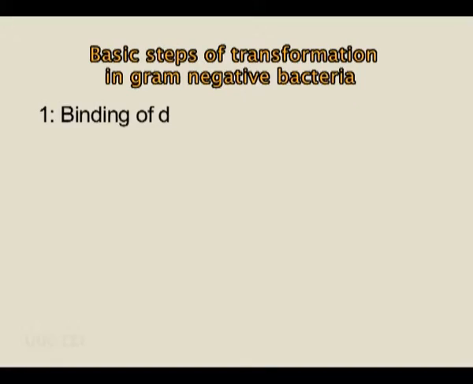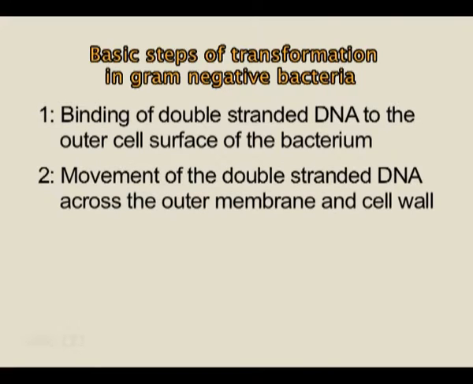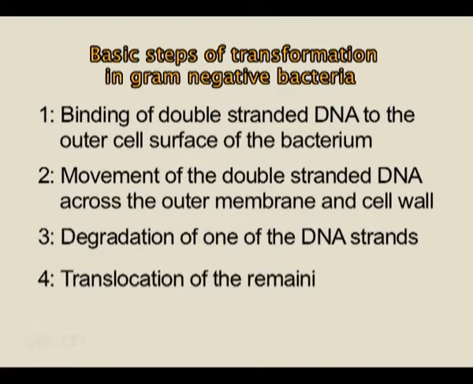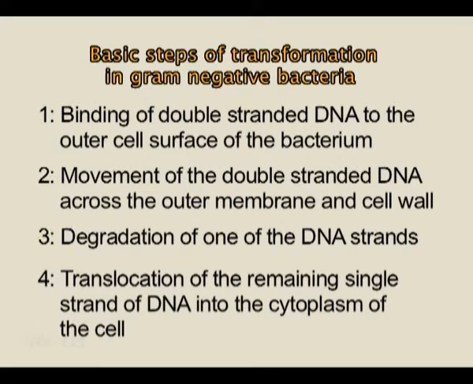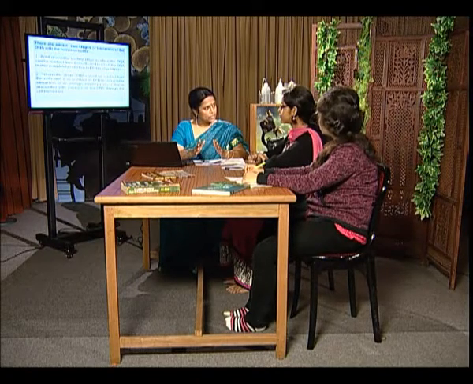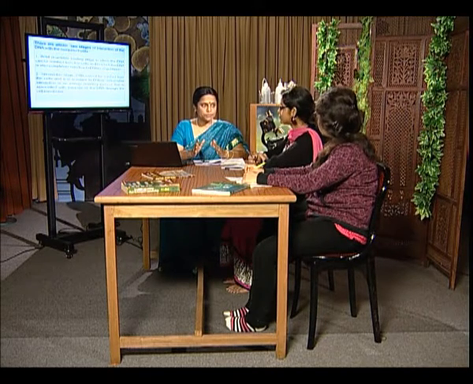So, if I try to focus on gram-negative bacteria, the first step is binding of the double-stranded DNA to the outer cell surface, then movement of the double-stranded DNA across the outer membrane and cell wall, then degradation of one of the strands, and finally translocation of the remaining single-stranded DNA into the cytoplasm of the cell. There are at least two stages of interaction between the foreign DNA and the recipient bacteria.